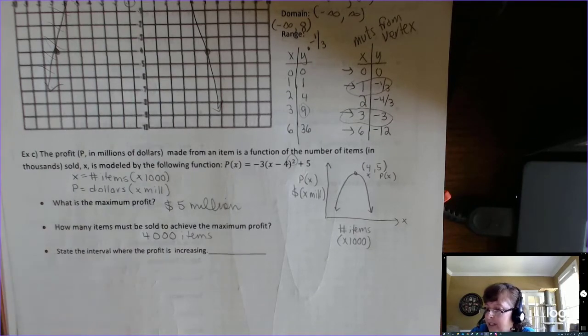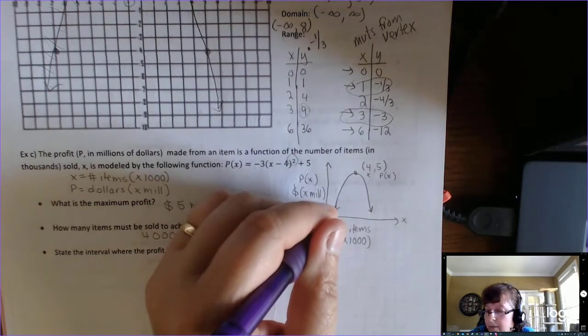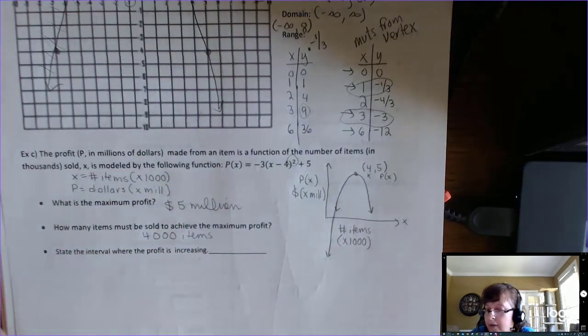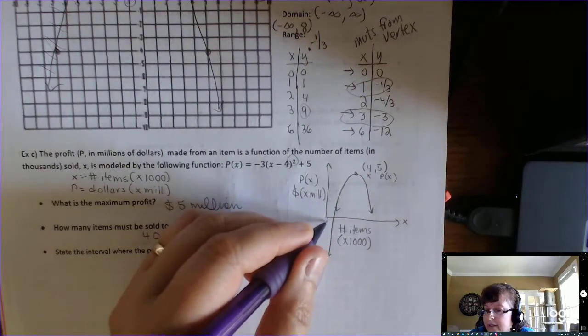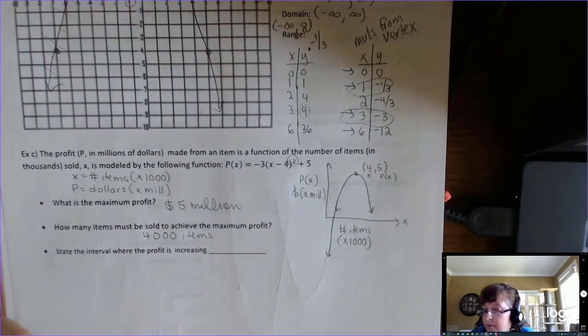Now, state the interval where the profit is increasing. So now this is a real world problem. Normally parabolas go on forever and ever, but you can't have negative items.